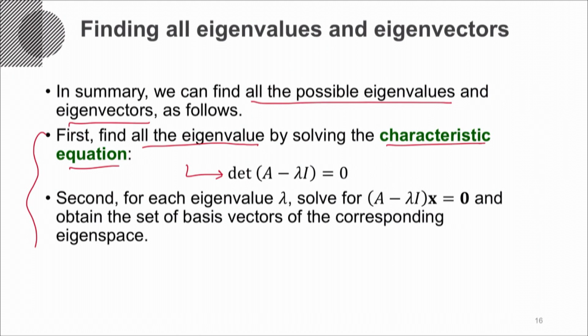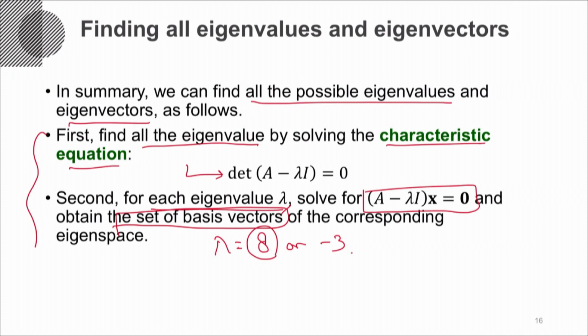Once we obtain these eigenvalues, then for each eigenvalue, such as 8 or minus 3, we construct this equation and solve for the solution, and then we obtain the set of basis vectors corresponding to the eigenspace, because using those vectors we can obtain any possible eigenvectors corresponding to this equation.